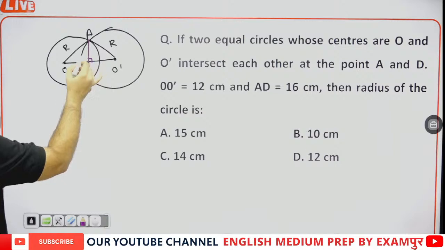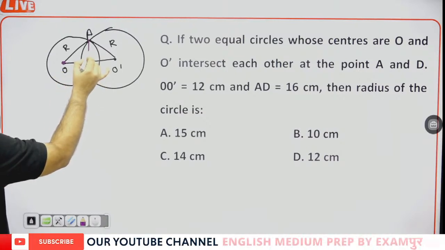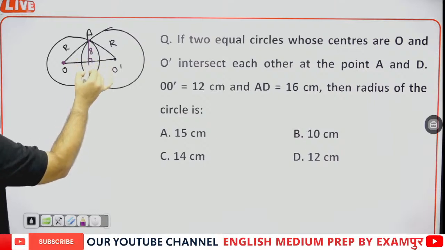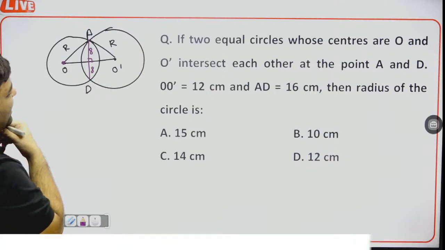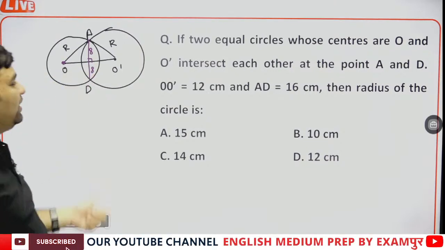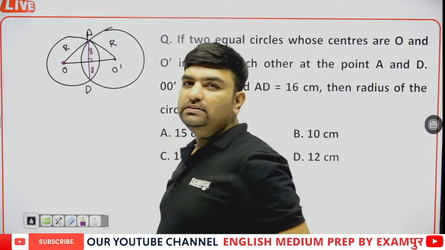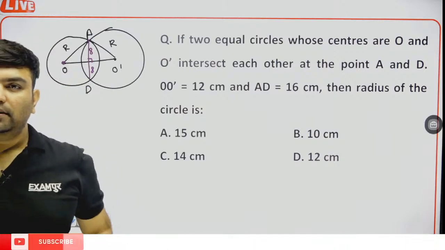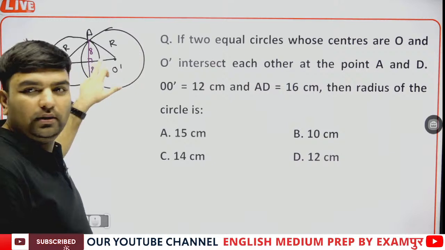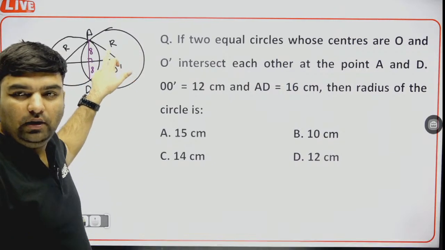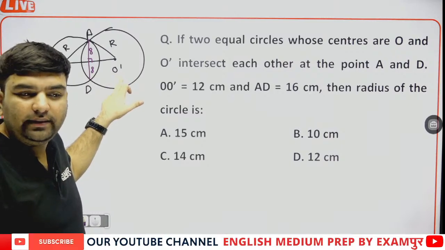A perpendicular drawn from the center onto the chord bisects the chord. So 9 and 9. OO dash is 12. Since they are equal radii, whenever you draw a perpendicular in an isosceles triangle, it acts as a perpendicular bisector as well.